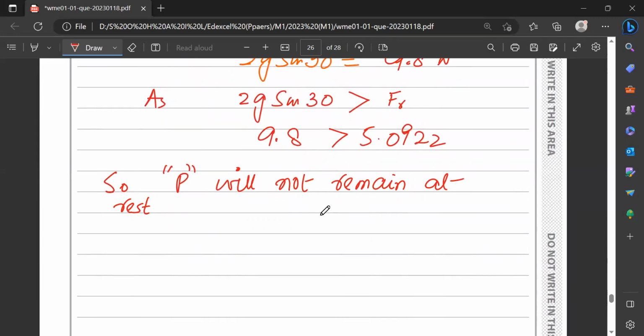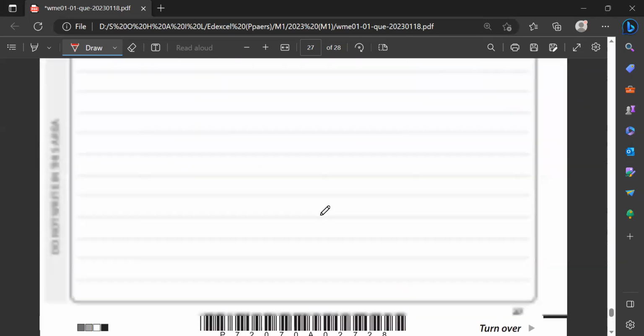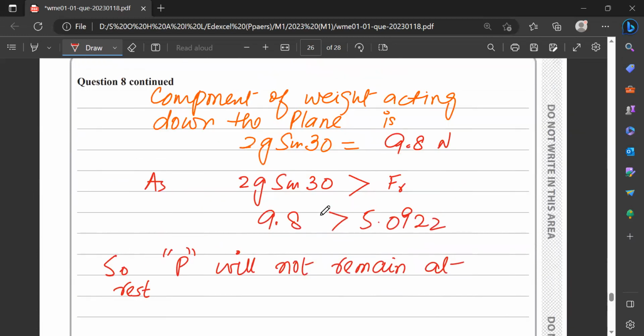And here is the solution, I think, for the complete paper, January 2023. So the weight component, which is trying to move it down, is greater than the force which is trying to stop it.